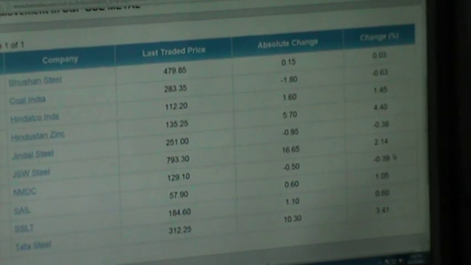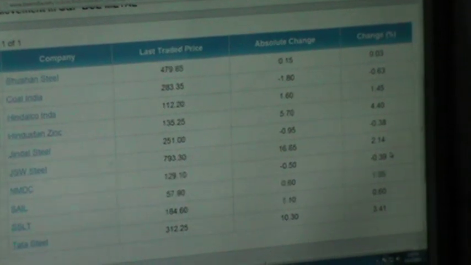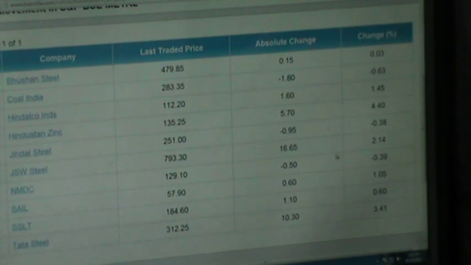NMDC is not performing, it is in minus. So always there are some scrips or shares in any index which are not running with the index. So you should have all this in memory.